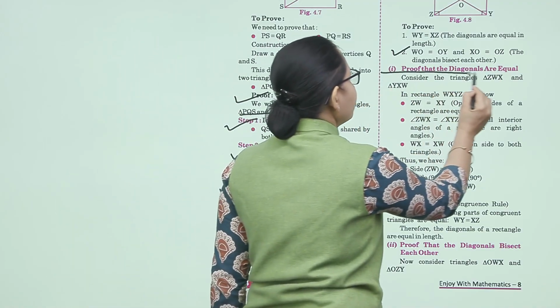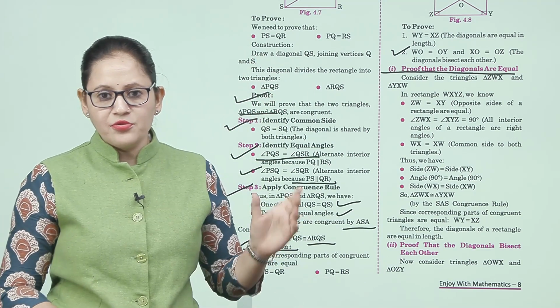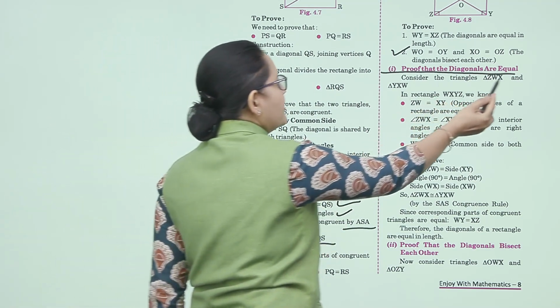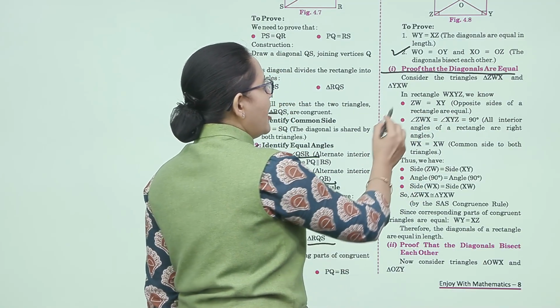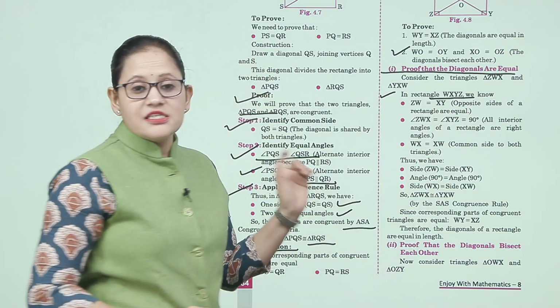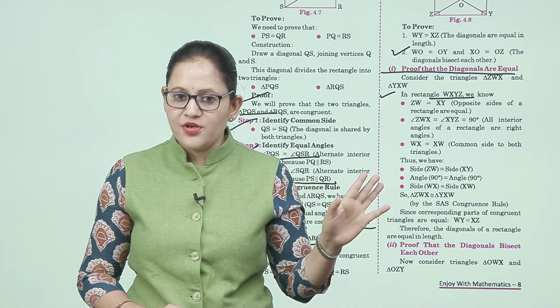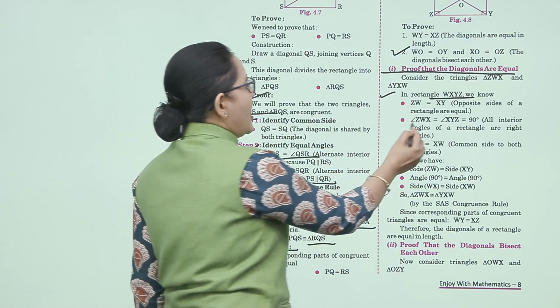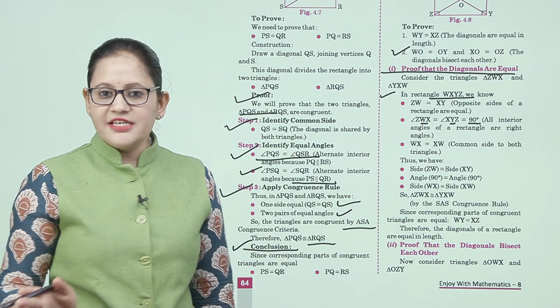Now, prove that the diagonals are equal. We will take two triangles, ZWX and YXW. In rectangle WXYZ, we know that ZW equals XY, since opposite sides of a rectangle are equal, and angle W equals angle X, 90 degrees, as all interior angles are right angles.